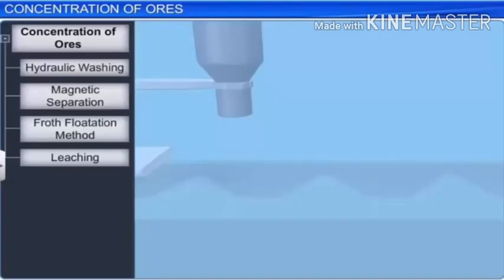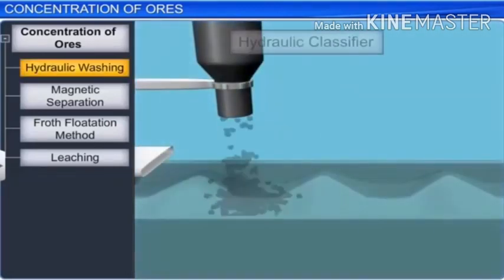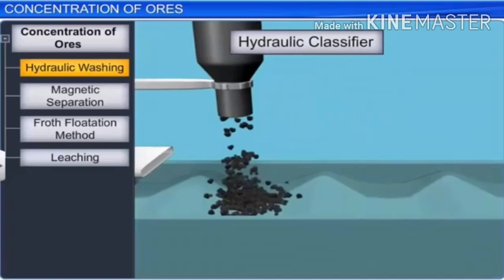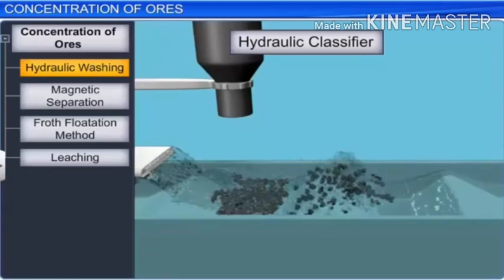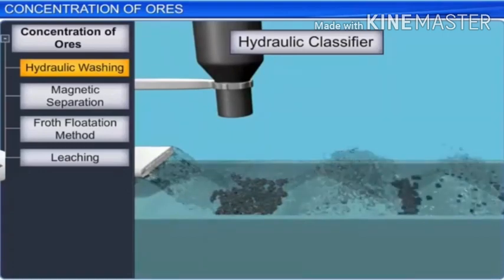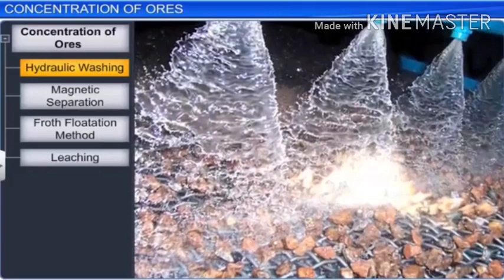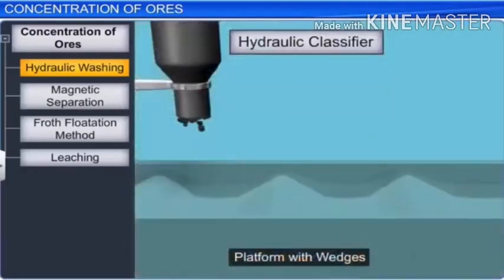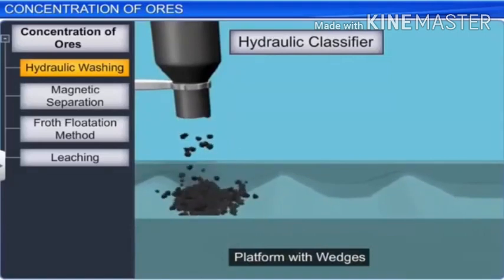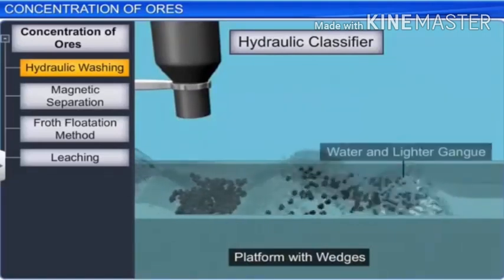Now we can study the first method, hydraulic washing. In the hydraulic washing process, an upward stream of running water is used to wash the powdered ore. So when a stream of water runs through the powdered ore, the lighter gangue particles are washed away and the heavier ore particles will be left behind.